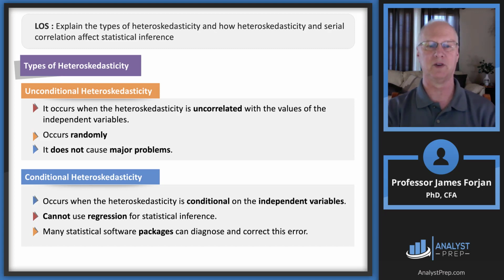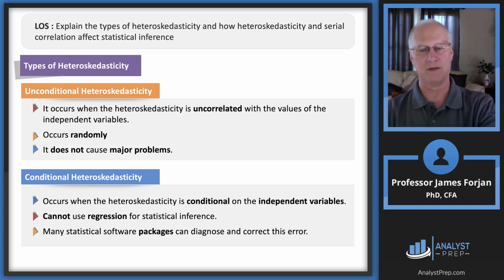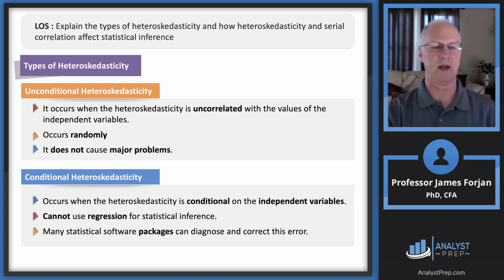They're uncorrelated. So this occurs randomly, and this does not cause major problems. There might be slight problems, but it doesn't cause a major problem. The issue is when you have conditional heteroskedasticity, and this is when the variance of the error terms is going to substantially impact the independent variables. And so notice what we have in that red arrow point: cannot use regression for statistical inference.